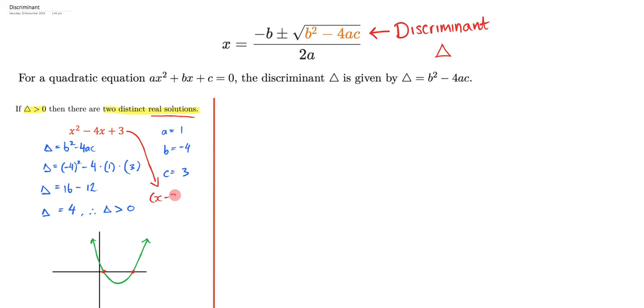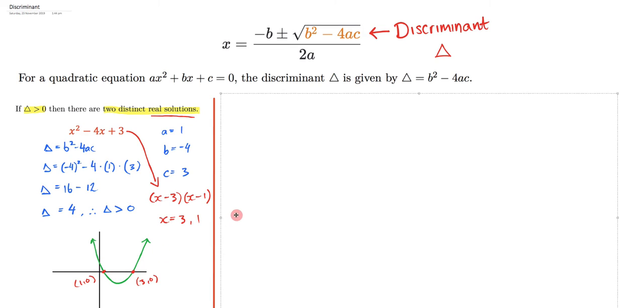It will be x minus 3, x minus 1. So in this case, I'm going to get x equals 3 and 1 as my intercepts. So here will be 3 and 0, and over here will be 1 and 0. And that's simply how we do it. And therefore, when I have a discriminant being greater than 0, I'm going to have two distinct real solutions, which means it's going to touch my x-axis twice.